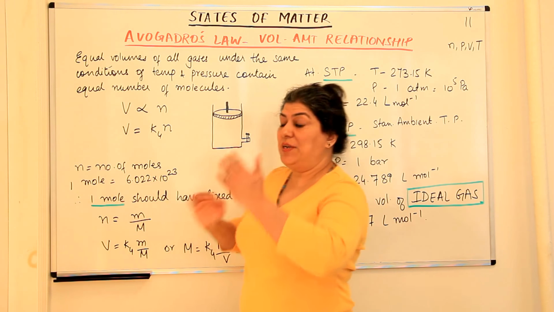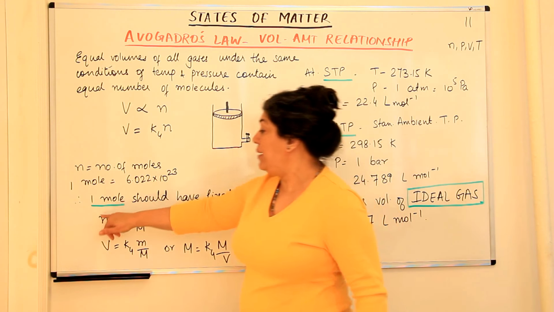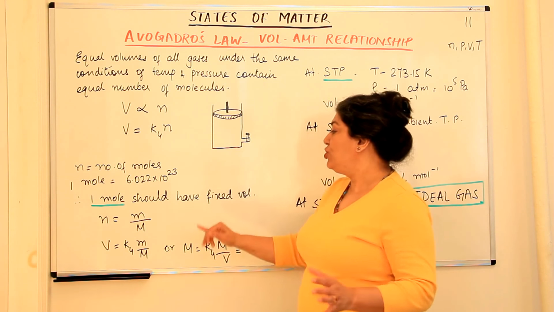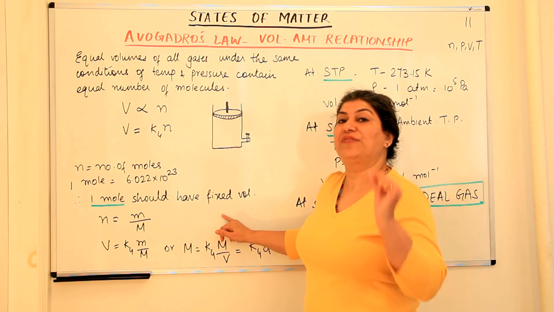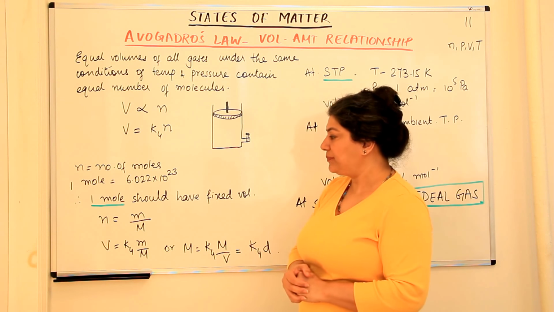So this statement can be understood as: 1 mole of any gas should have a fixed volume at a fixed temperature and pressure.